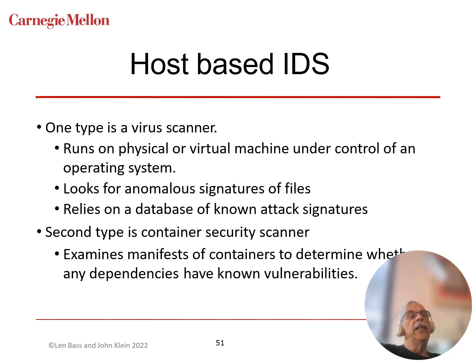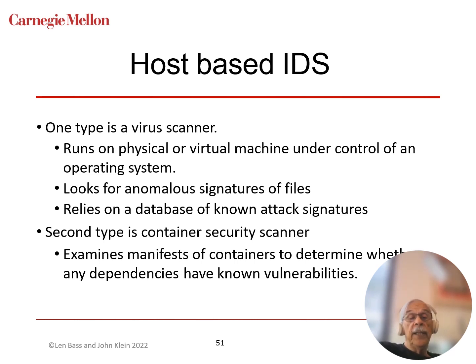So periodically you will see a message in Windows saying that Windows Defender has not found any problems, or you will get a message from McAfee or some other vendor saying we looked and we found 2 or 3 problems, whatever. And it runs on your physical or virtual machine, and it's under the control of the operating system. So it's an application.